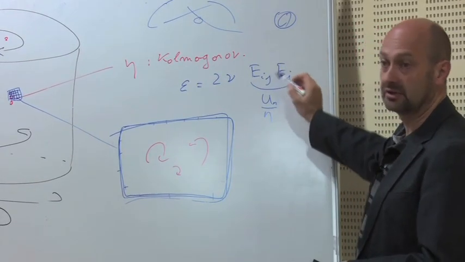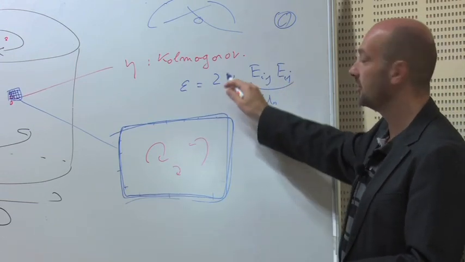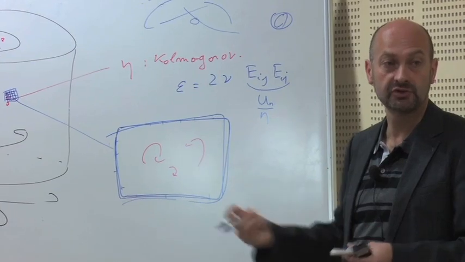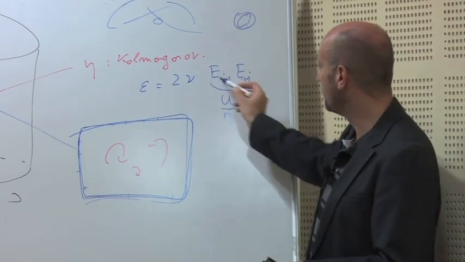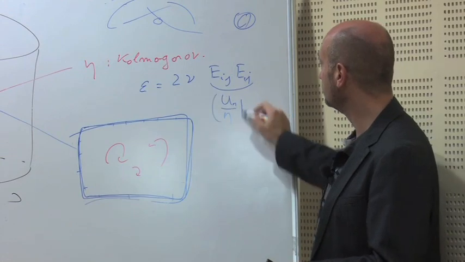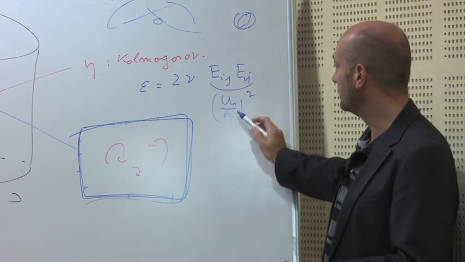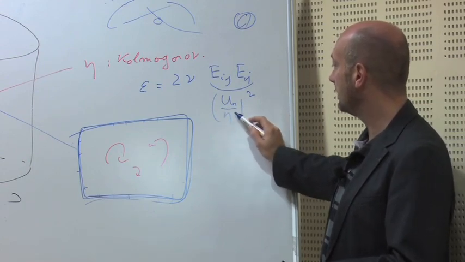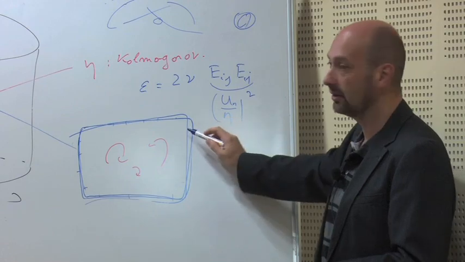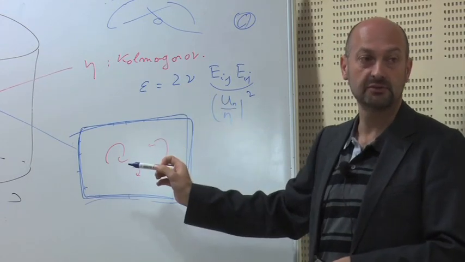So it's a gradient of velocity. The rate of dissipation is proportional to the viscosity. Of course, if your fluid is more viscous, it will dissipate more energy. But it is also proportional to (U over eta) squared. So if you solve a flow with a length scale which is too big, you will underestimate the rate of dissipation.